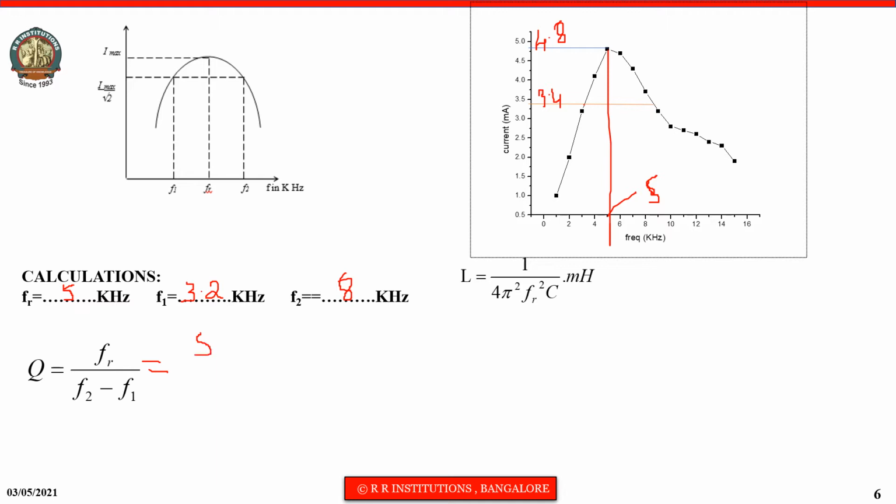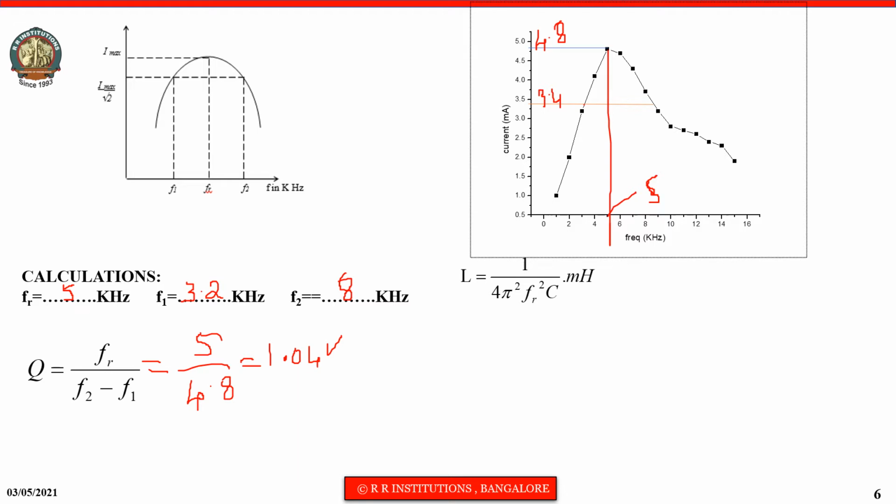Fr is 5, and bandwidth is 8 minus 3.2, which comes out to be 4.8 kilohertz. Taking the ratio, it comes out to be 1.04. So the quality factor for the series circuit is 1.04. It tells us about the sharpness of the signal.